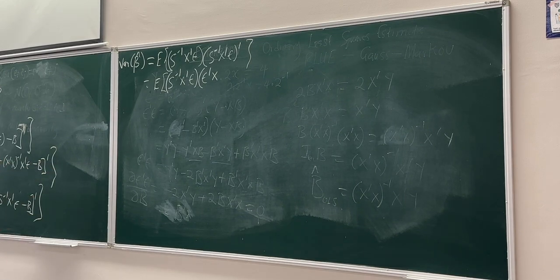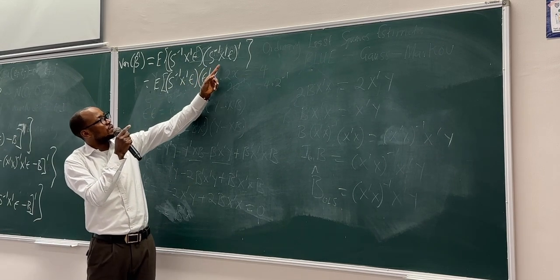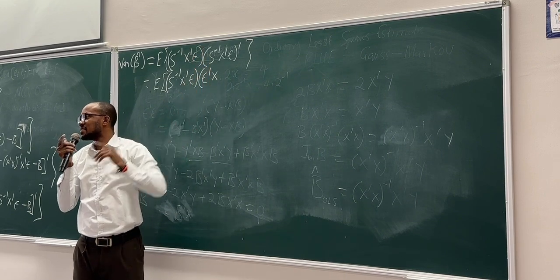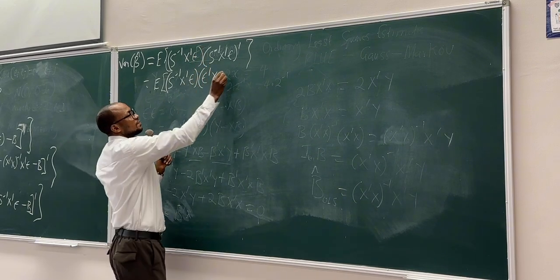So the matrix is unchanged. That is why when we transpose X inverse, it's still going to be X inverse.